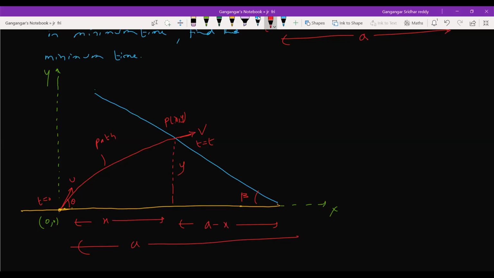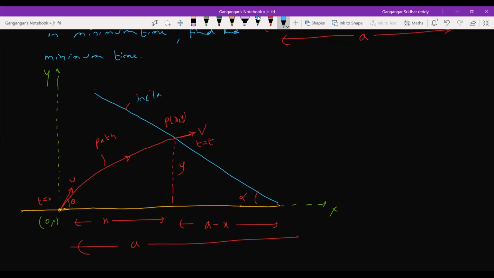This is the trajectory path. This is the angle of inclination, given alpha. After reading the question, you have to proceed till here.